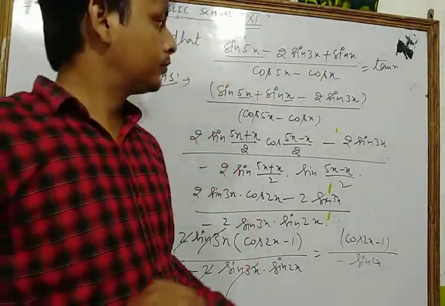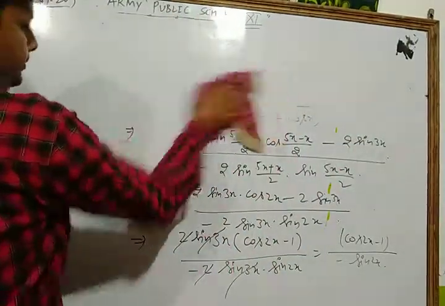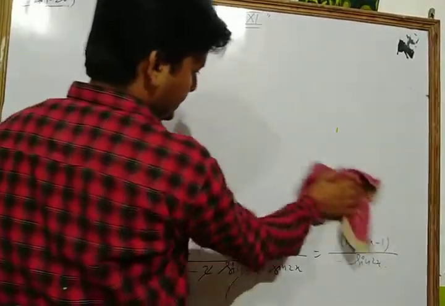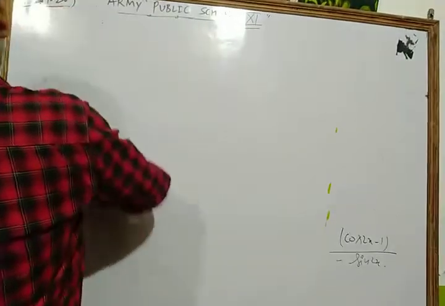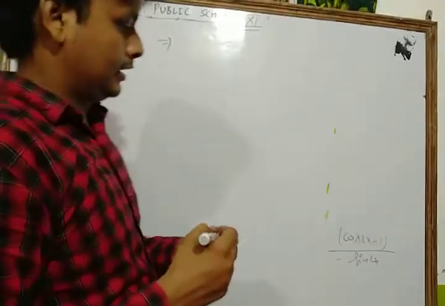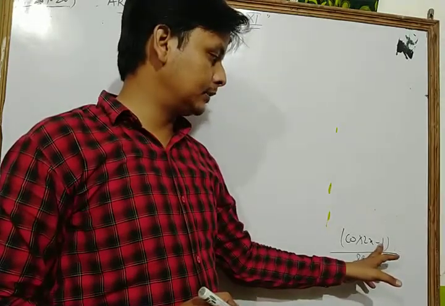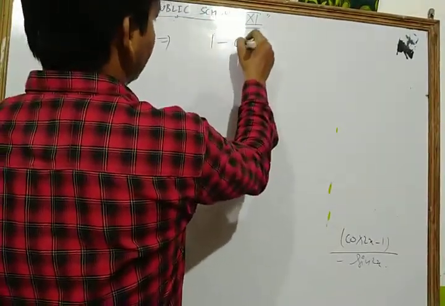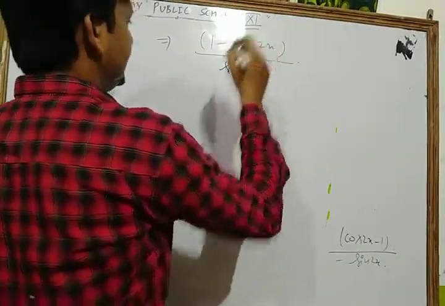Now let's see. If we multiply the minus sign into the numerator, then I get 1 minus cos 2x upon sin 2x only.